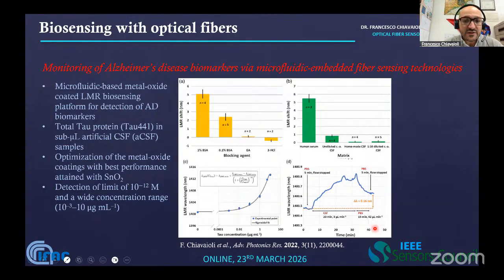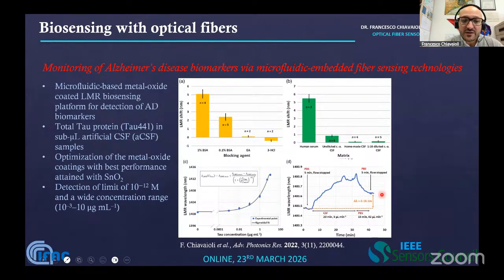By using this sensing configuration and by using tin oxide as the dielectric material, we developed a fiber device that was used to test the concentration of total tau protein, which is a hallmark of Alzheimer's disease, using a sub-microliter artificial cerebrospinal fluid sample.